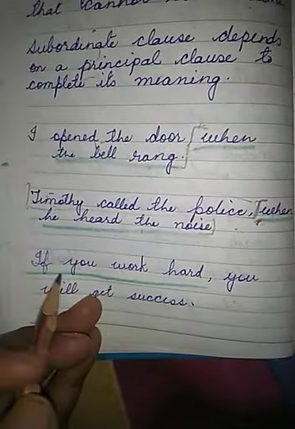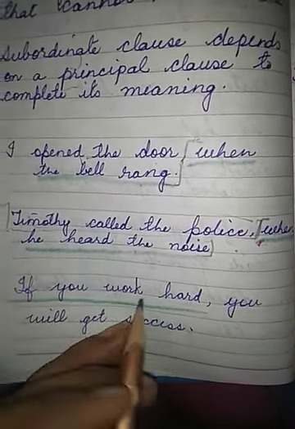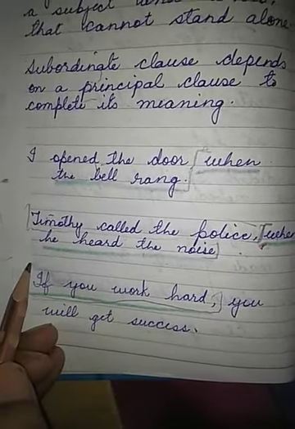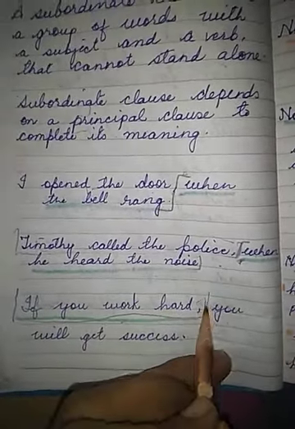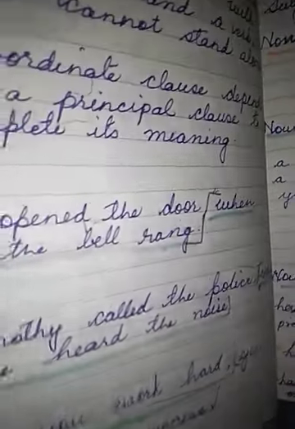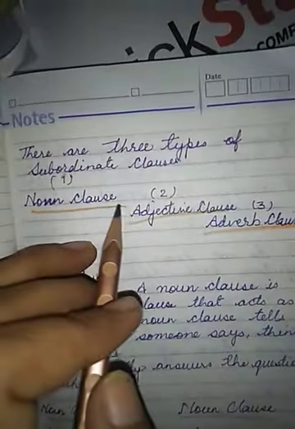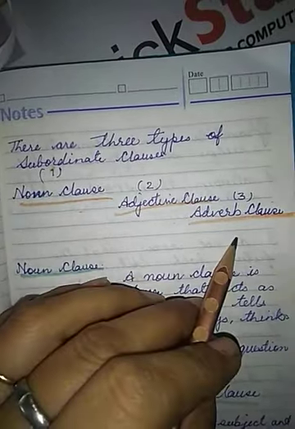Third example, if you work hard, you will get success. "If you work hard" is also a subordinate clause which depends on the main clause "you will get success". So there are three types of subordinate clause: noun clause, adjective clause, adverb clause.